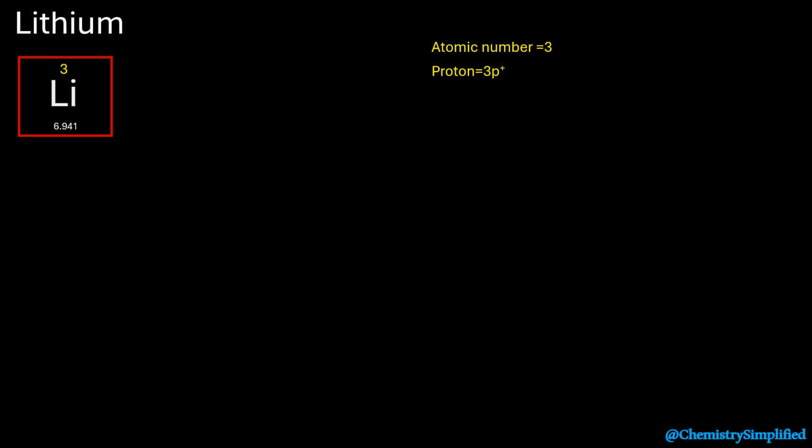That's also the number of protons. It has 4 neutrons because the mass number is 7. 7 minus 3 gives us 4 neutrons. So that's the nucleus with 3 protons and 4 neutrons. It has 3 electrons.